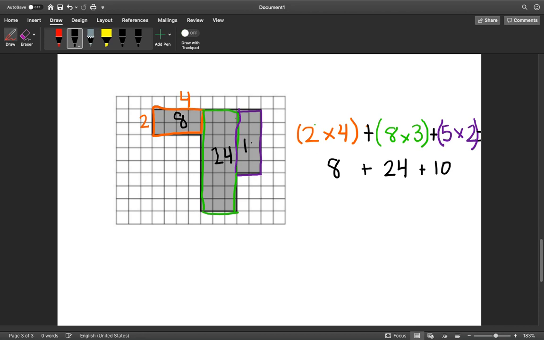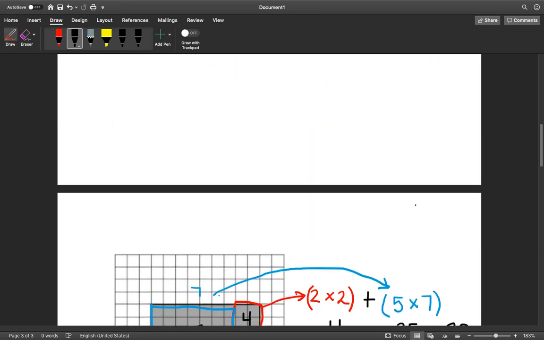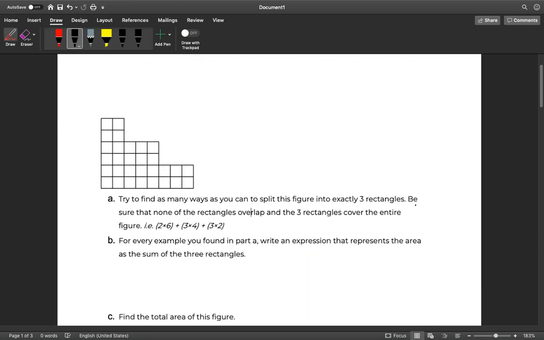So that's the area of this shape. So when I add these together, 24, and count up 10 is 34, plus 8 more equals 42 square units. And remember, I can write that as U with a raised 2 for square units, or you could say that as units squared.